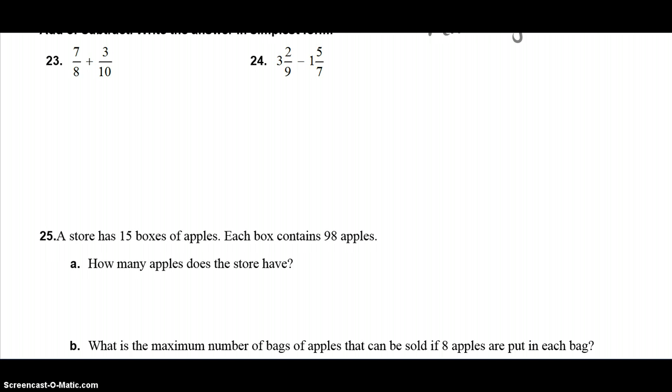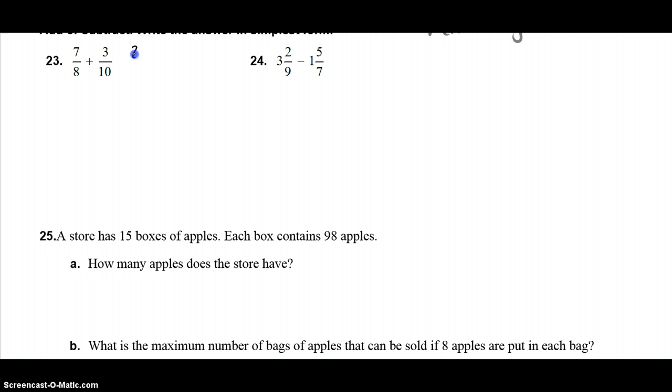23 and 24 are adding and subtracting fractions. Write the answer in simplest form. So for 23, I have 7/8 plus 3/10. I'm going to find the LCD, the least common denominator, of my two denominators here, 8 and 10. So I'm going to list some multiples of 8.